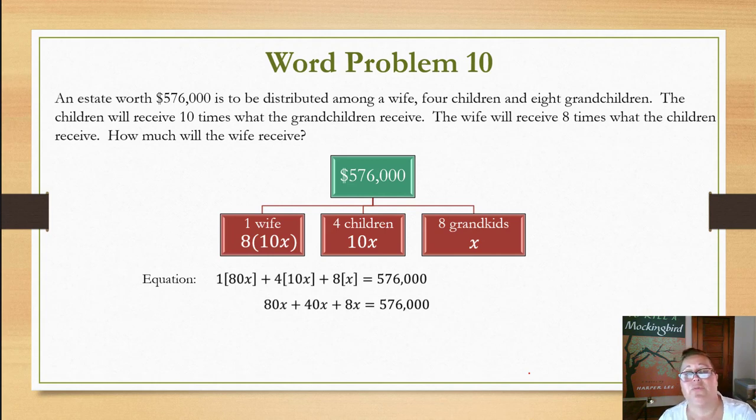If I add those 3 like terms together, I get 128X is $576,000. Dividing both sides by 128, I know that X is equal to 4,500.